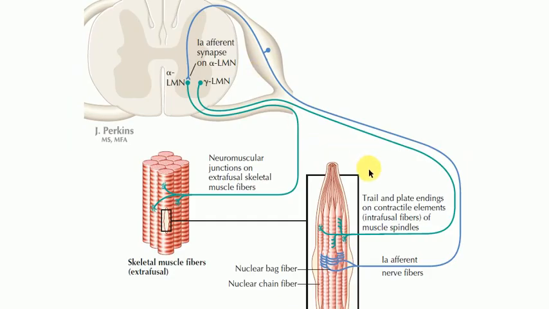Now in this diagram you can see the alpha lower motor neurons and the gamma lower motor neurons. The alpha motor neurons' cell bodies are present in the ventral horn. The axon is coming out.